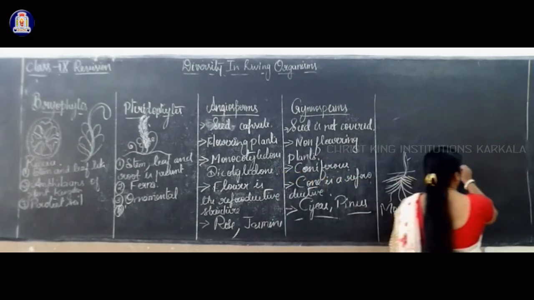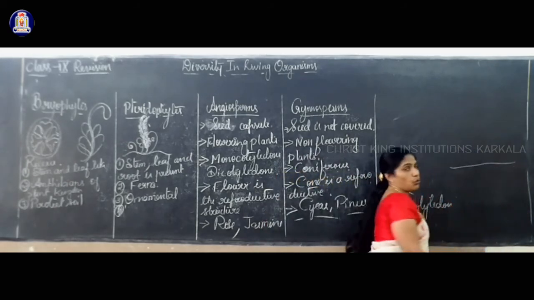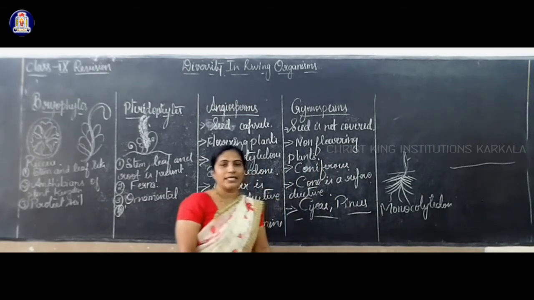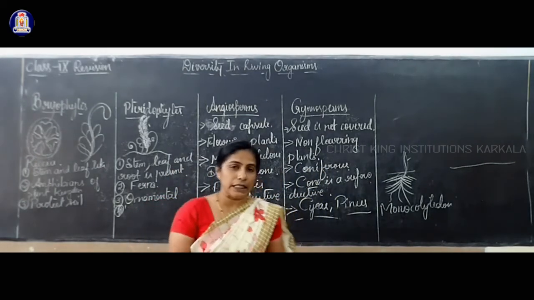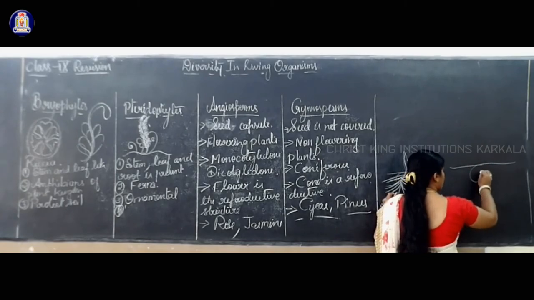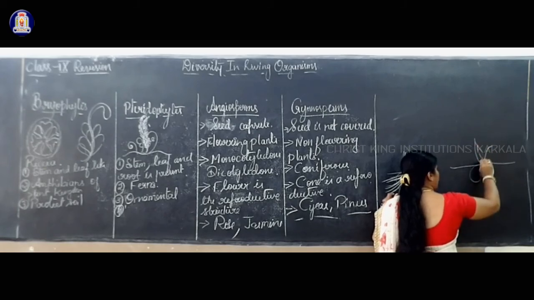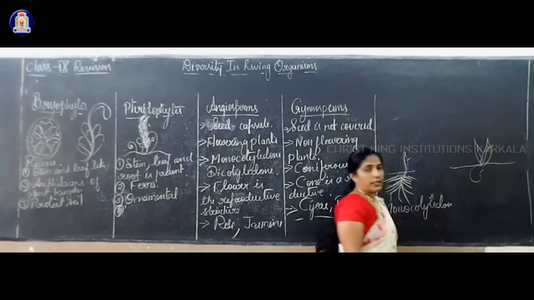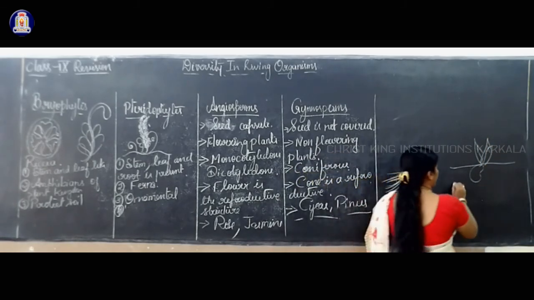But if you observe a dicot plant, if you sow green gram seed or peanut, these are dicot plants. When you sow the seed, after a few days there will be two cotyledons. That's why they are called dicotyledon.